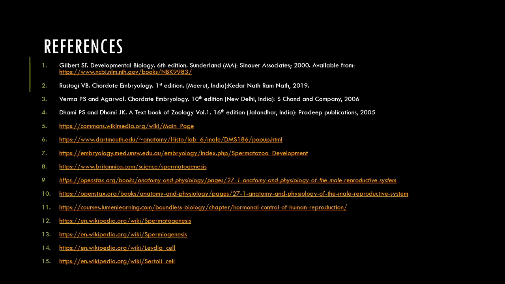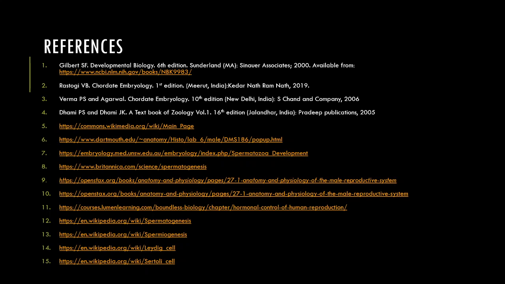So with this we conclude spermatogenesis. In spermatogenesis, we covered the basic phases of spermatogenesis, the structure of the mature spermatozoon, sperm pathologies, functions of the sperm, then role of subtesticular cells, then hormonal regulation of spermatogenesis.